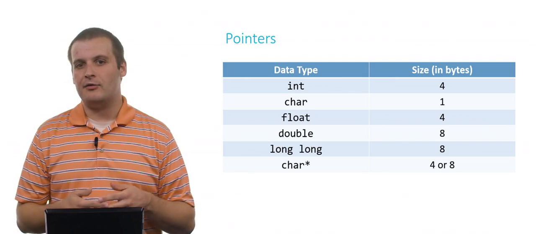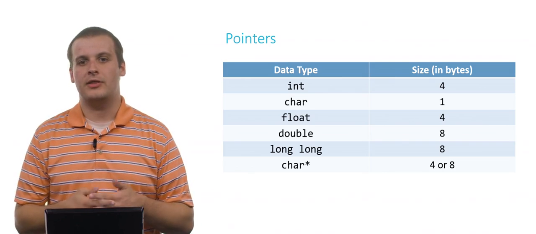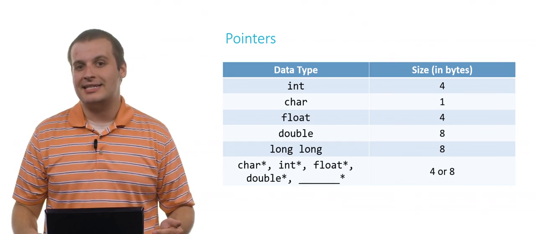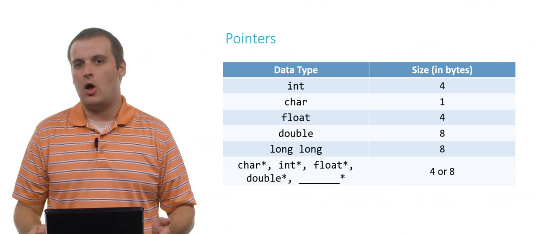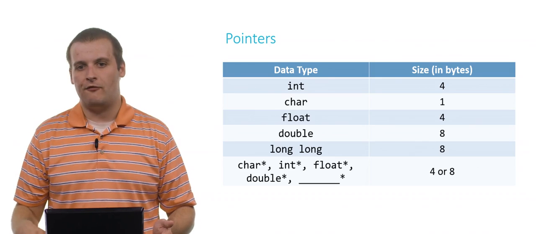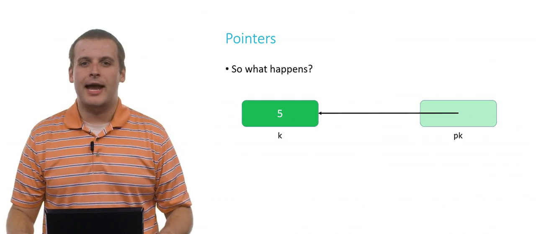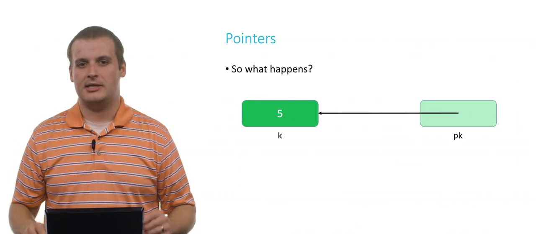Well, it just means that every address in memory is 32 bits long. And so 32 bits is 4 bytes. So a char star is 4 or 8 bytes depending on your system. And indeed, a pointer to any data type, since all pointers are just addresses, is 4 or 8 bytes. So let's revisit this diagram and let's conclude this video with a little exercise here.